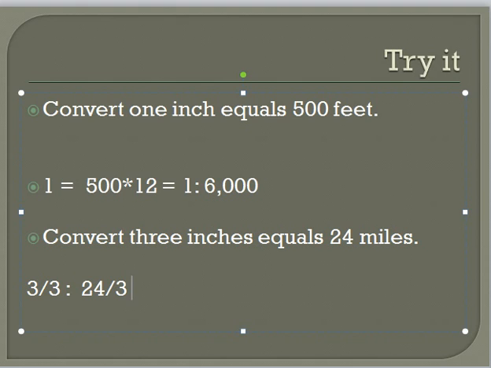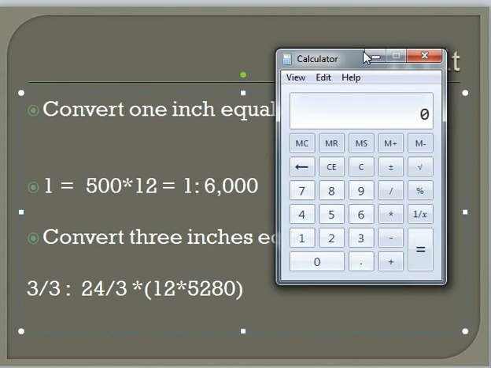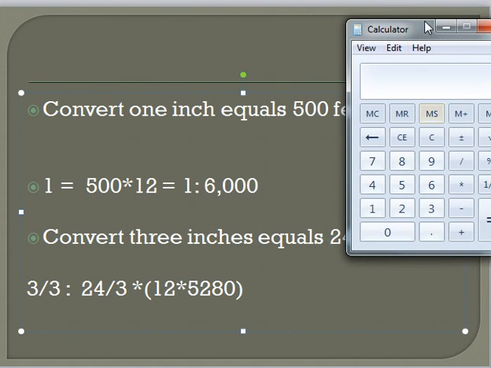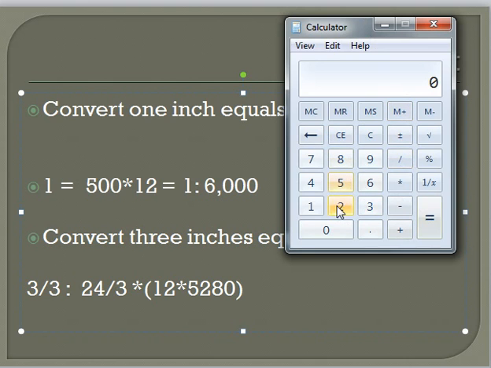And then I'm going to multiply that times 12 times 5,280 because there are 12 inches in a foot and 5,280 feet in a mile. And if I do that, I'm going to do 24 divided by 3 times 12 times 5,280.